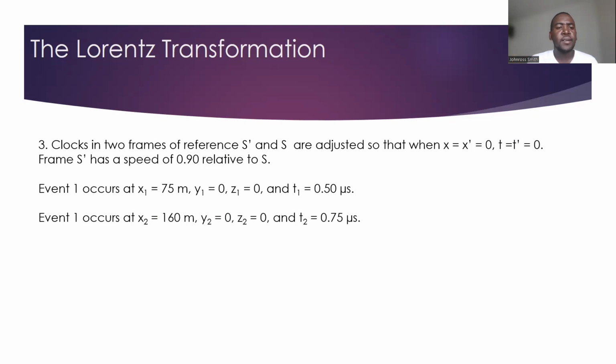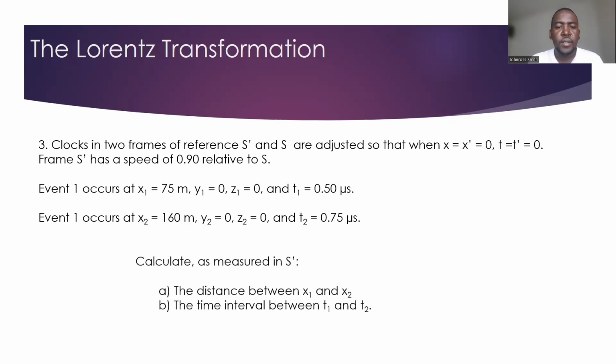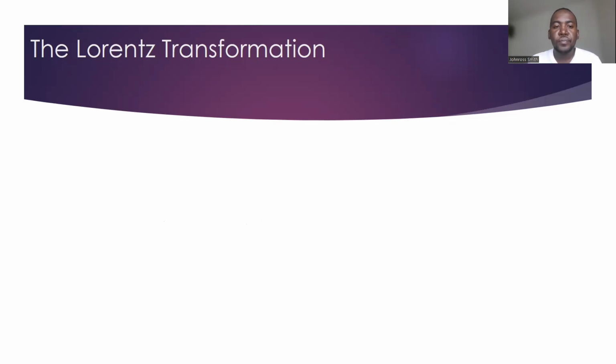And event 2 happens at x2 being 160 meters, y2 is 0, z2 is 0, and the time is 0.75 microseconds. So the questions are, in the S prime reference frame, what's the distance between both events, x1 and x2, and what's the time interval between t1 and t2?